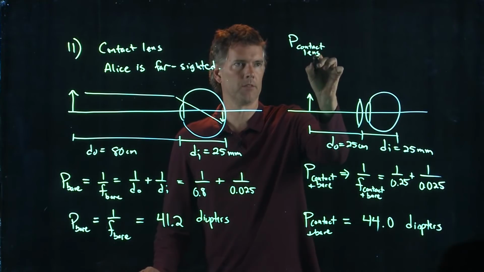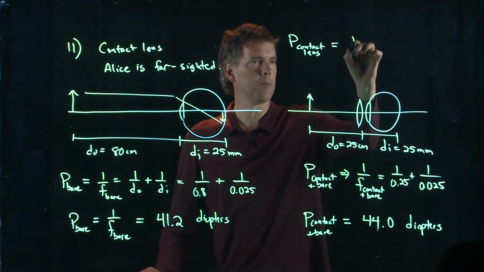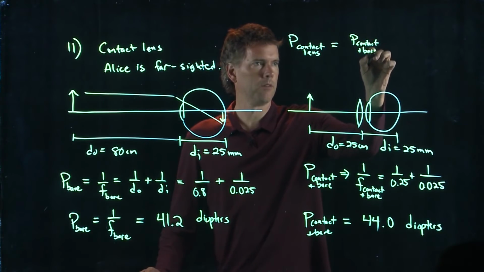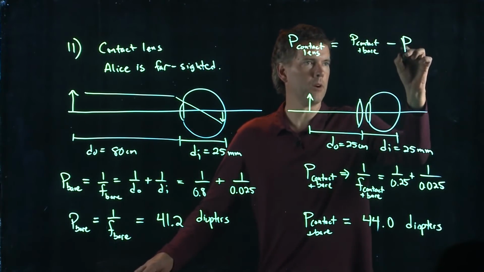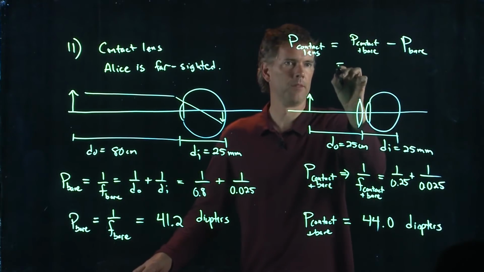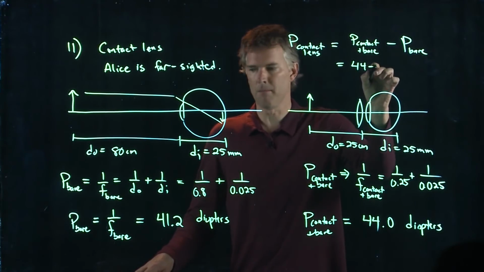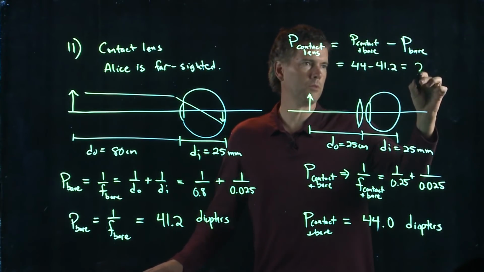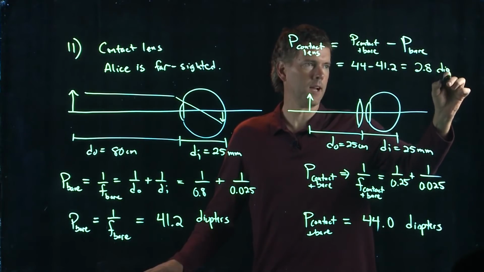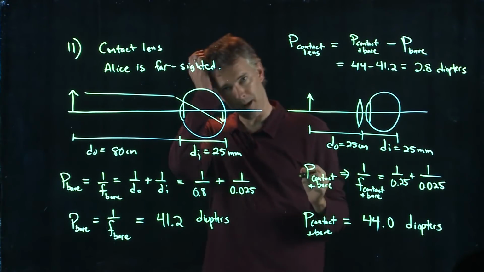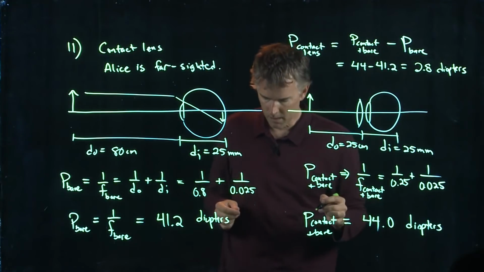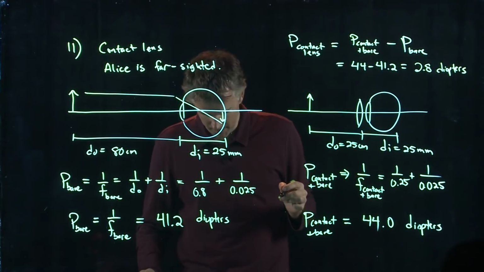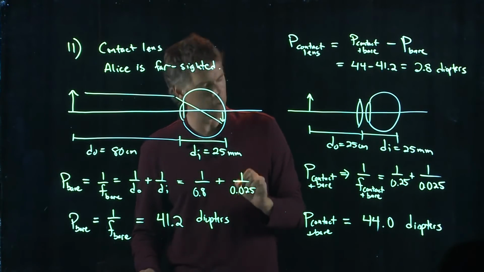It's just the difference: the power of the contact with the bare eyeball minus the power of the bare eyeball. 44 minus 41.2 equals 2.8 diopters. And that's a positive number. If we look at the answers, one of them is really close to 2.8. It is answer B. It says 2.75.